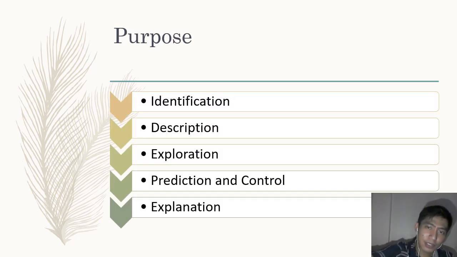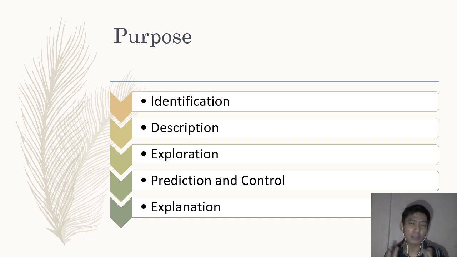The purpose of research, again and again, is to identify, to describe, to explore, to predict and control, and to explain. In identification, in qualitative research, you want to know what is the feeling, or what is it to be in the hospital bed.